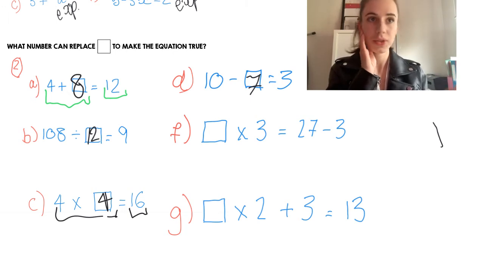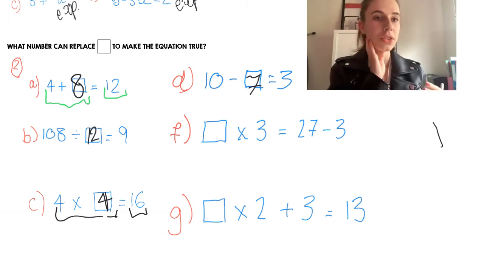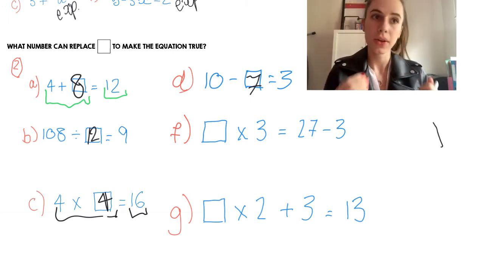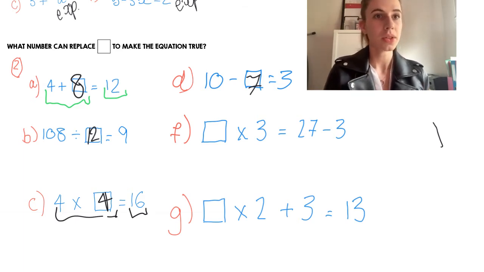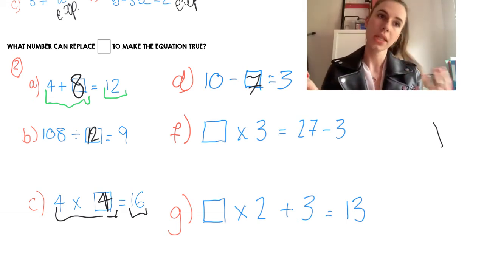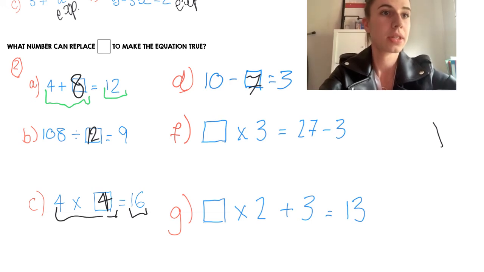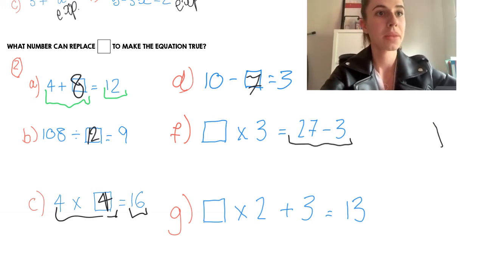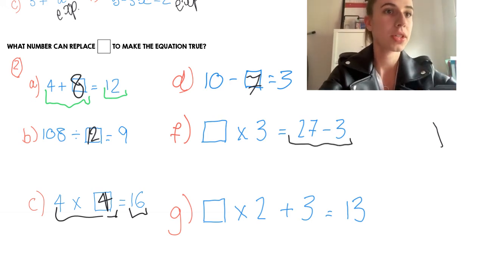Now in our next two set of questions, they're going to just require one more step. They're not necessarily harder, but I'll show you what I mean. So it says blank box times 3 gives you 27 minus 3. So our first step is to work out what this equals. 27 take away 3 just gives you 24.